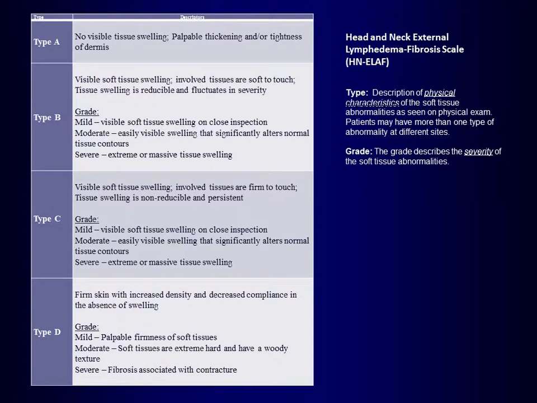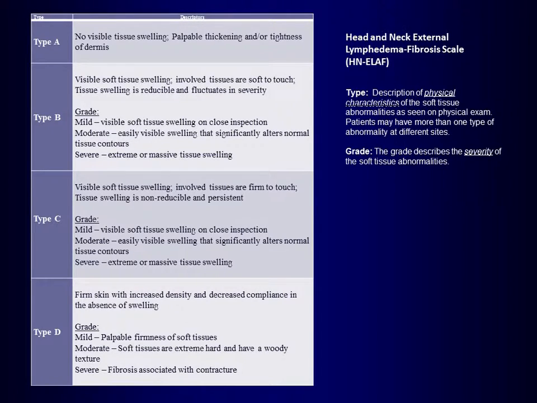A would be where there's just thickening of the skin, which would be a kind of an early phase. B is when you have soft tissue swelling, and the swelling feels as though the tissues are fluid filled, kind of like a balloon.